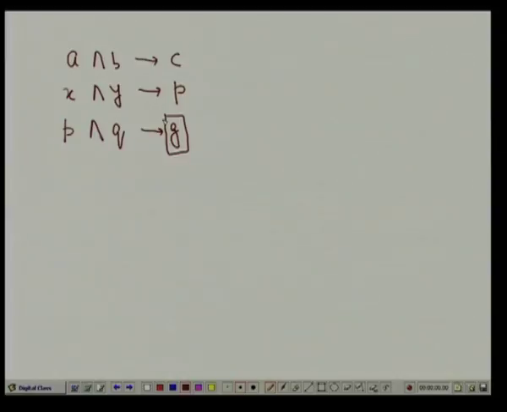Suppose these are 3 rules, and suppose in my fact base I have A to be true, B to be true, and X to be true, Y to be true, and Q to be true. Suppose this is what is there. I am just taking a very simple scenario.